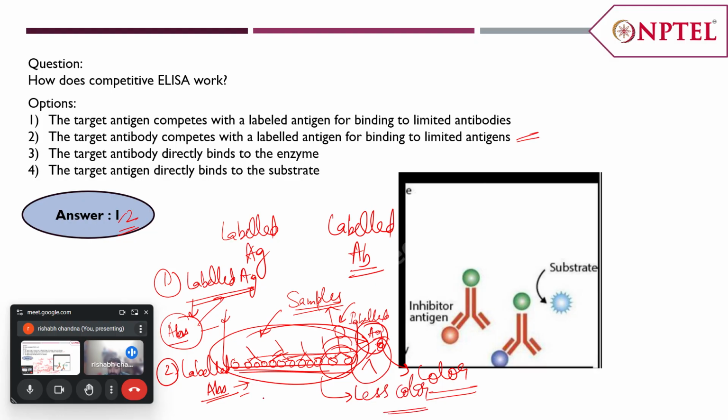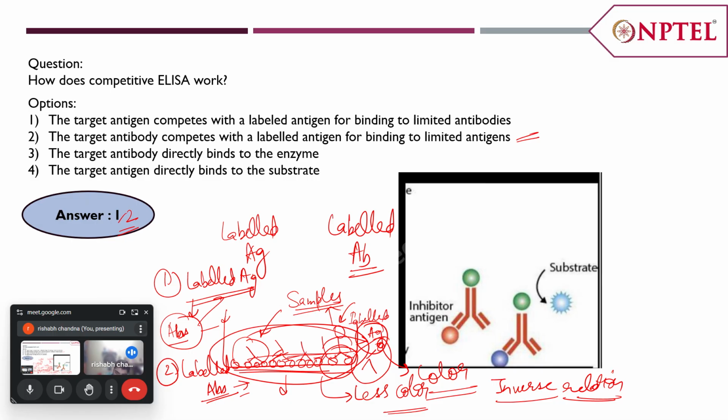If more spaces are free, our sample has less of the antibody of our interest, and then it gives more detection, more color. So it is basically an inverse relation between the two. This is how a competitive ELISA works.